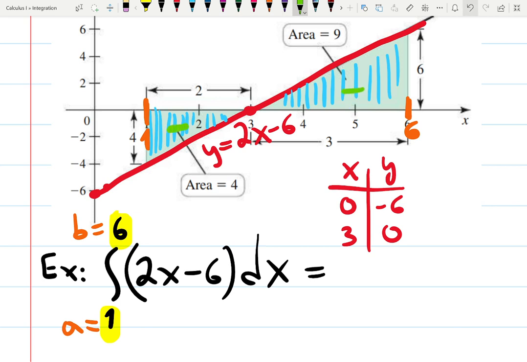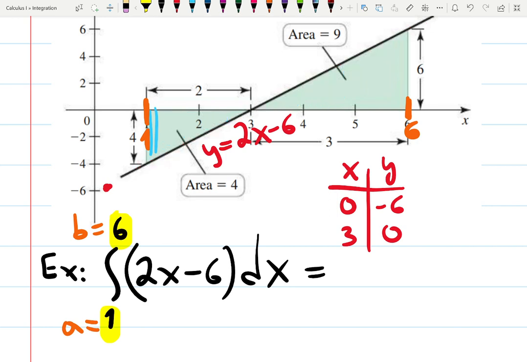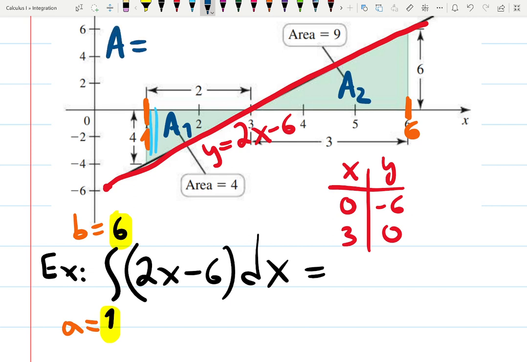And usually we call them A1 and A2. Here's my line. So I will call it A1, A2. So there are two ways of seeing it.